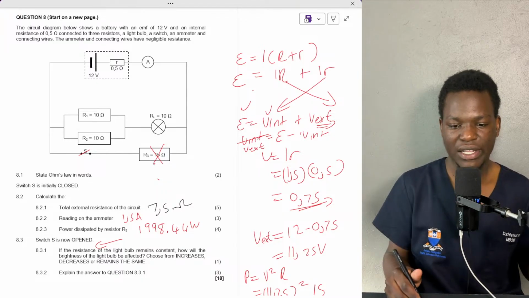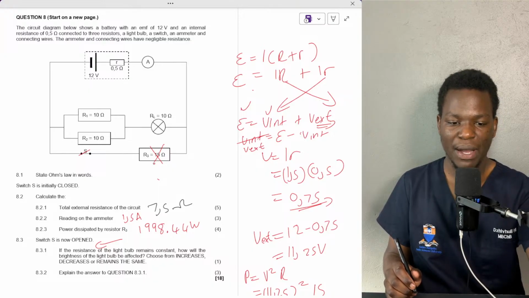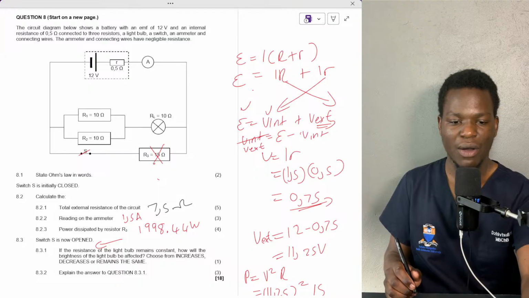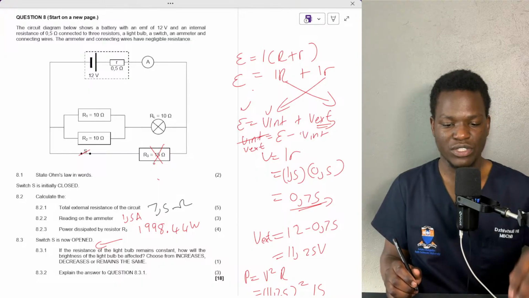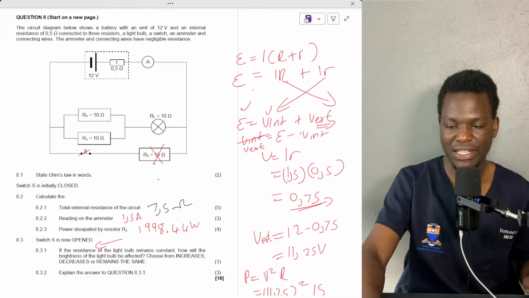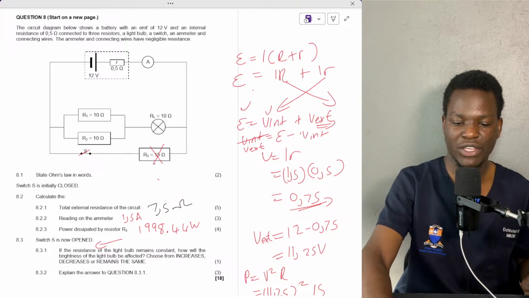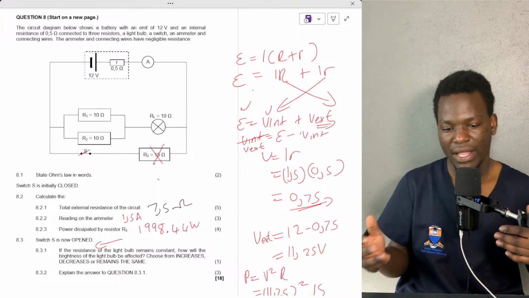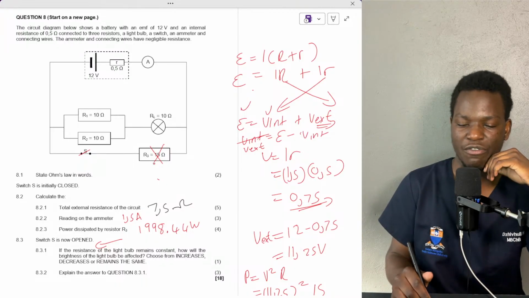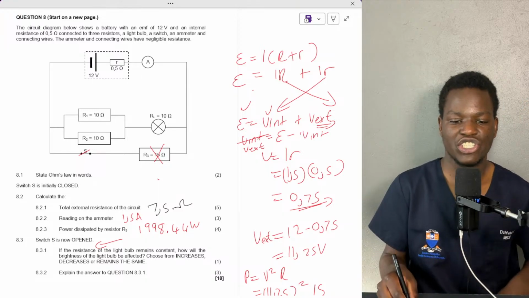Just know that the brightness is directly proportional to the power. We use the power to determine the brightness of an item. So if you don't trust your answer, you can calculate the power, and then conclude that the brightness has changed.